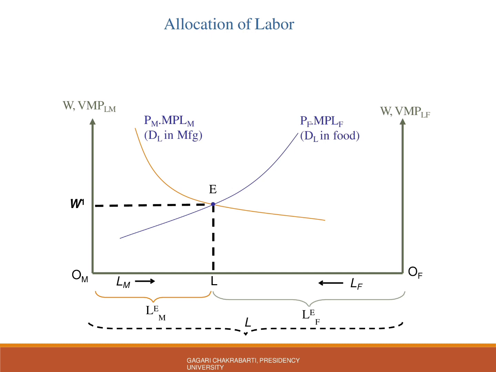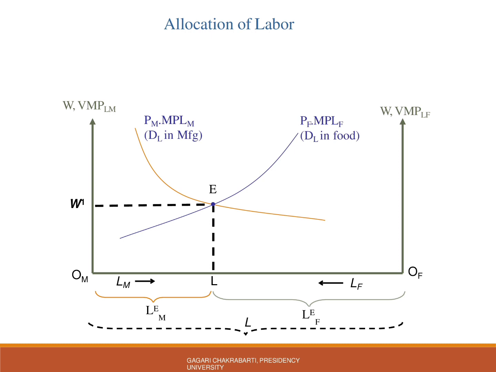They must be downward sloping because our assumption is that the marginal productivity of labor is diminishing in both the sectors. The equilibrium will be attained where the demand for labor will be equal to the supply of labor, at the point E where the two VMPL curves intersect each other.